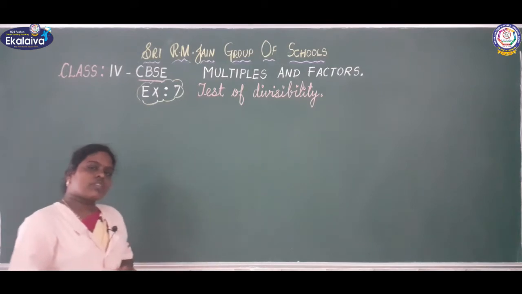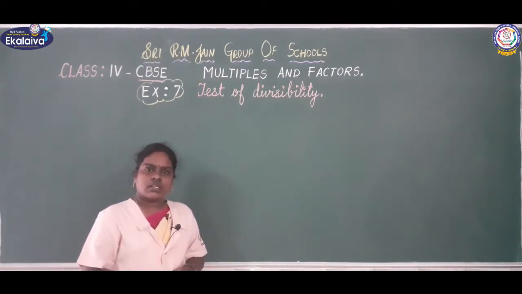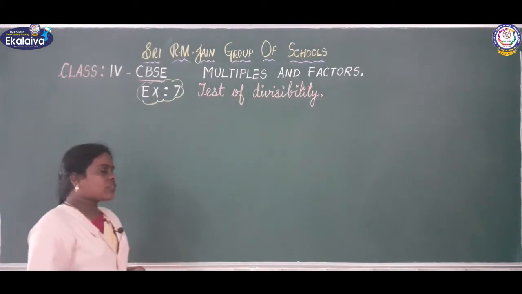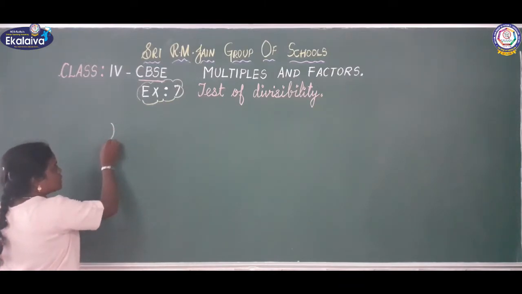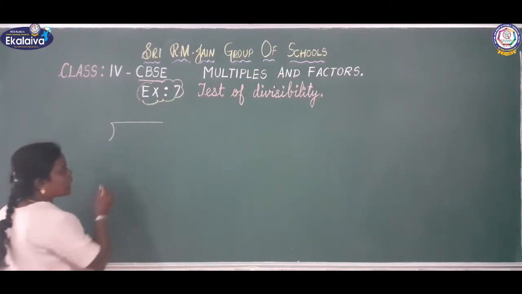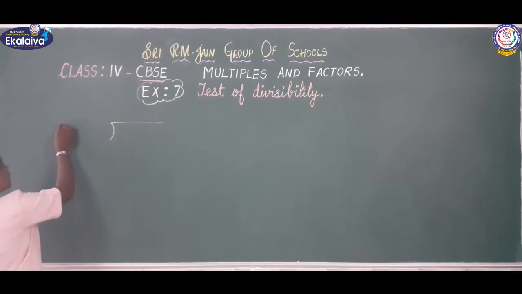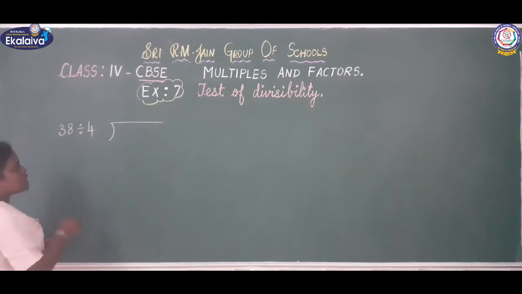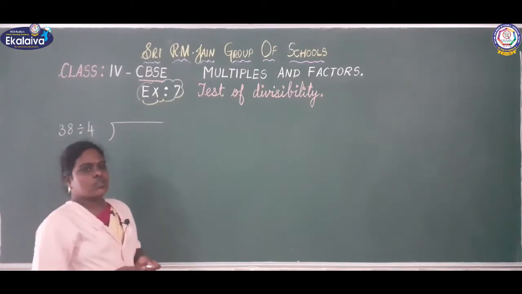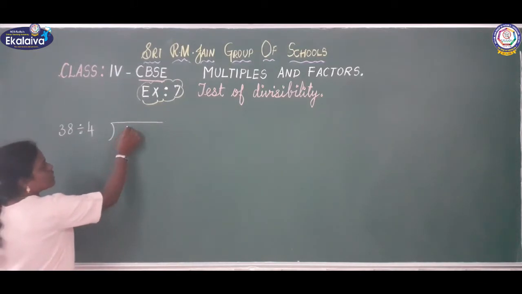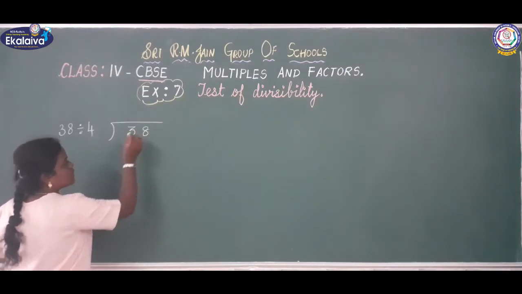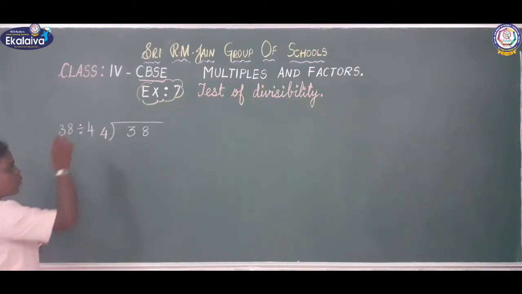How will you find out the answer in division, children? We have to arrange the numbers in the division bar. For example, take the question 38 divided by 4. So, we have to arrange the numbers 38 divided by 4.